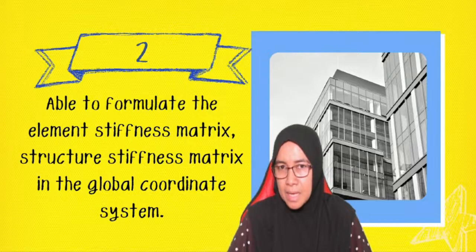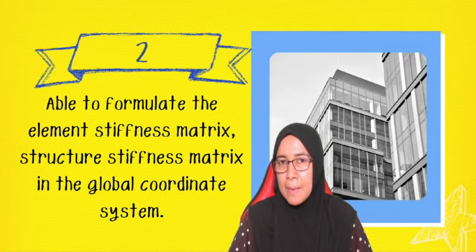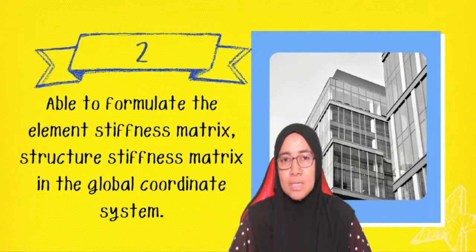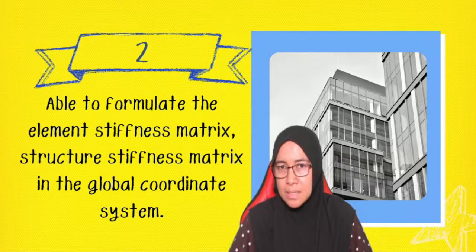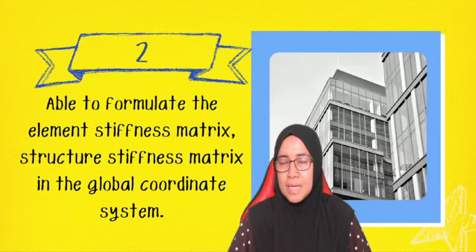Okay, for the element stiffness matrix, the symbol we use is small letter k because in one structure there are many elements. As I mentioned yesterday, a structure such as a truss is actually a combination of many elements. That means we will have k1, k2, k3 and so on, depending on the question given.